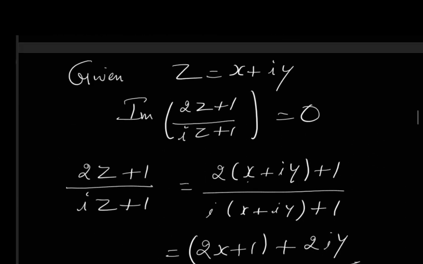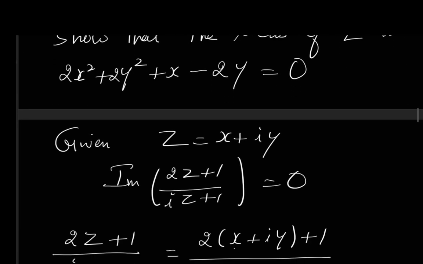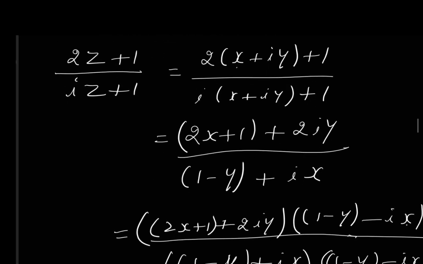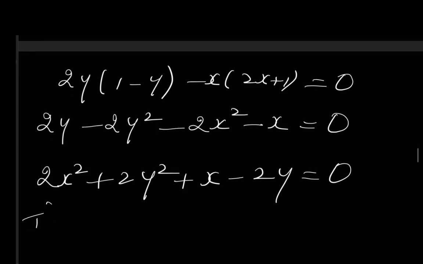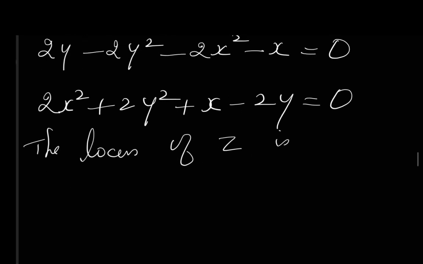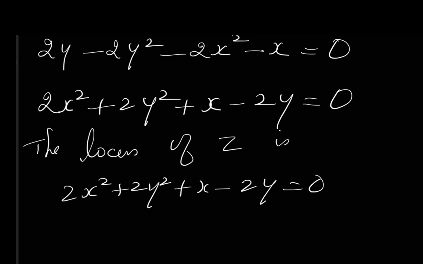So this is what you have to prove. The locus of z is 2x squared plus 2y squared plus x minus 2y is equal to 0.